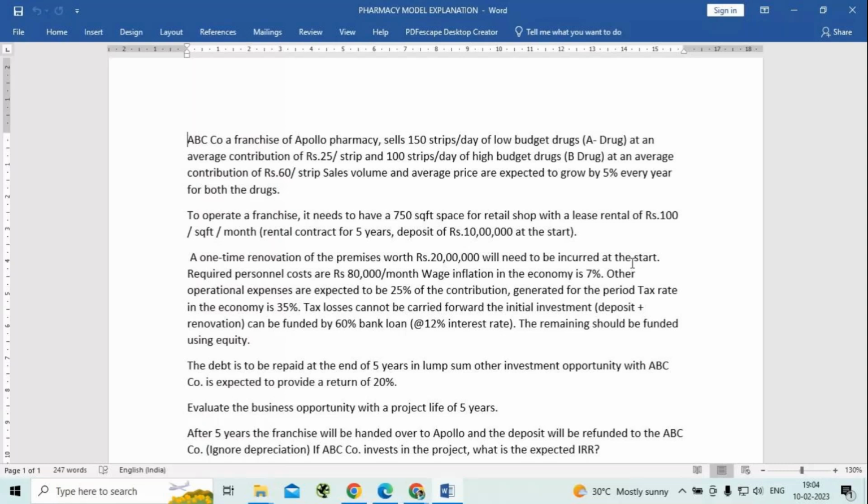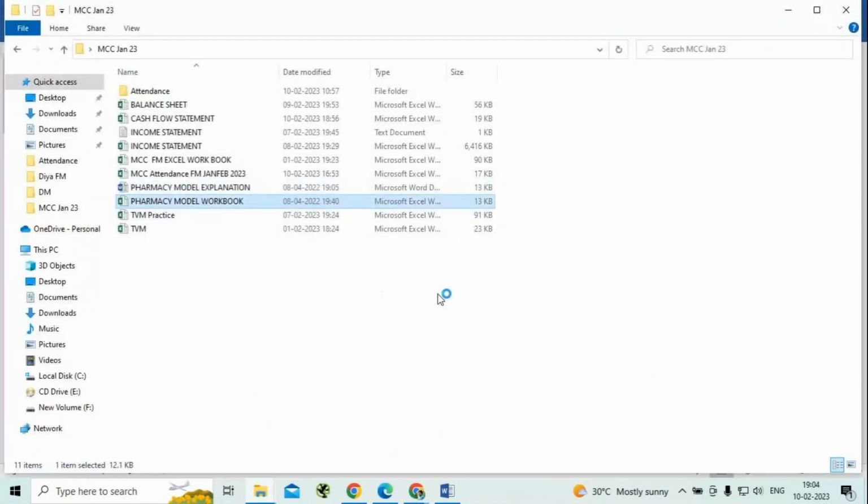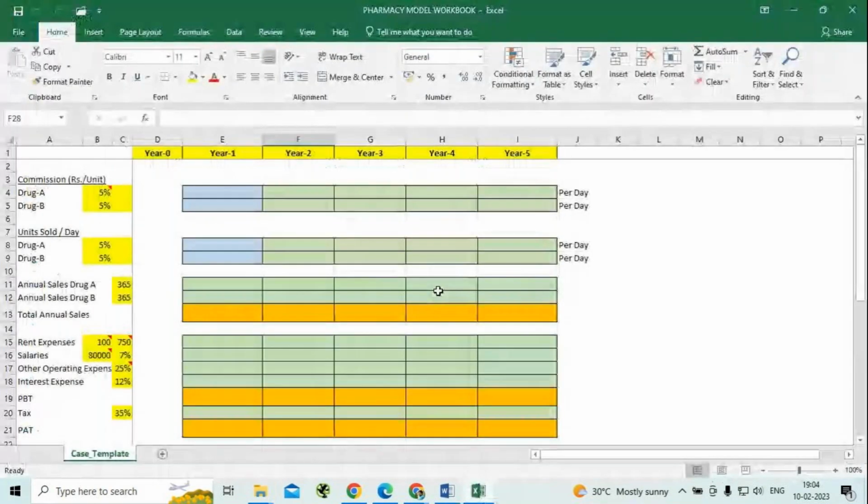Okay, so let us see how much we can earn out of this. Let us go one by one, so we can try to understand. The Excel sheet is already predefined with certain information, so you can give the specifications. With the drug A type, the commission expected is rupees 25 per strip. Okay.